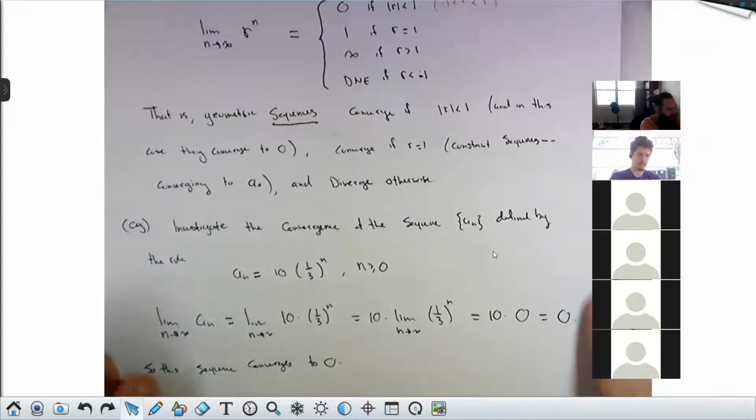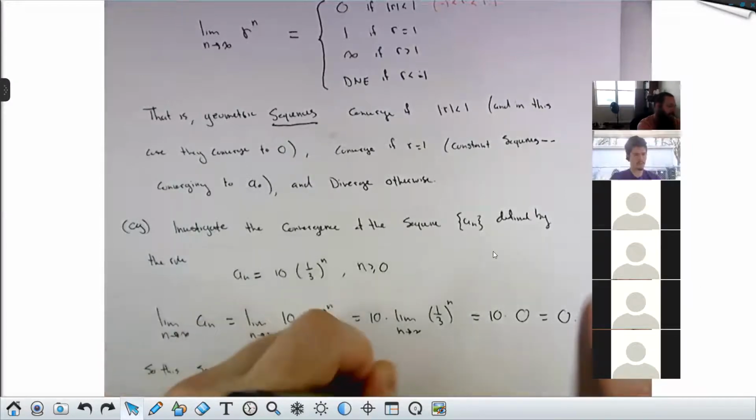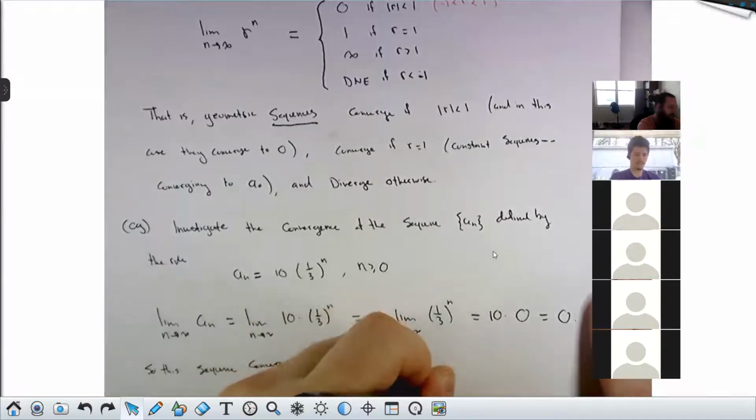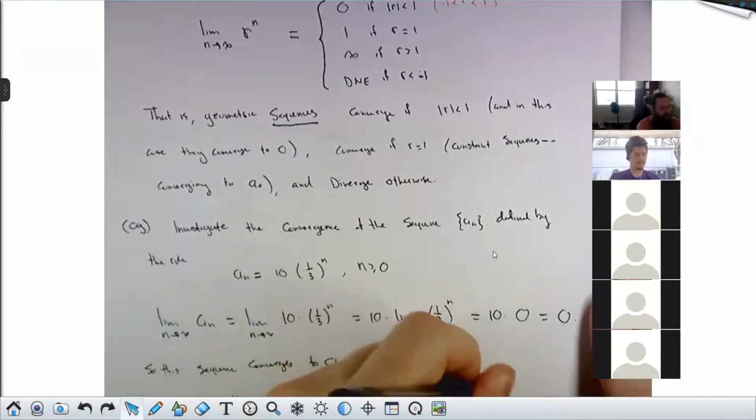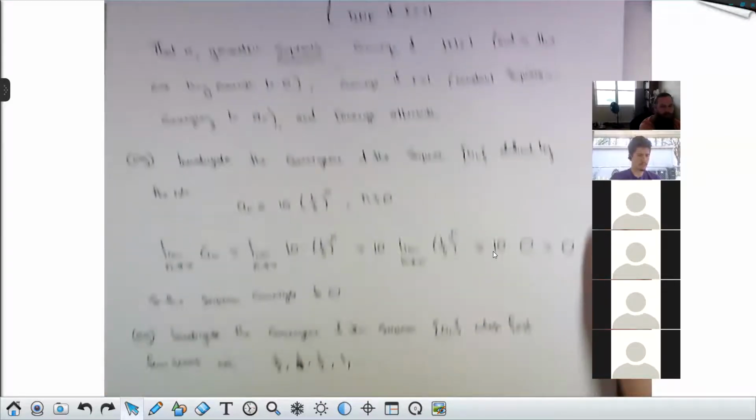Or if I wanted to investigate the convergence of the sequence an, whose first few terms are, say, 1/8, 1/4, 1/2, 1, and so on.